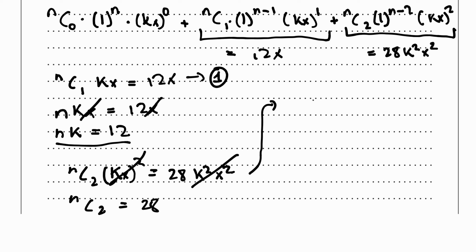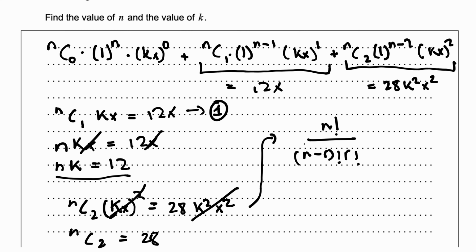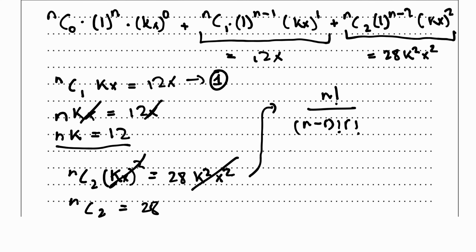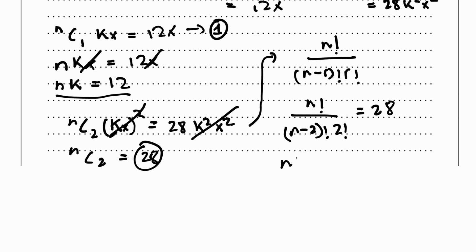So the formula for combinations is n factorial over (n minus r) factorial times r factorial. So we'll apply that here. We get n factorial over (n minus 2) factorial times 2 factorial, and that we know is equal to 28. Okay, so we get that n factorial over (n minus 2) factorial, 2 factorial is just 2 and we cross multiply, will be equal to 56.